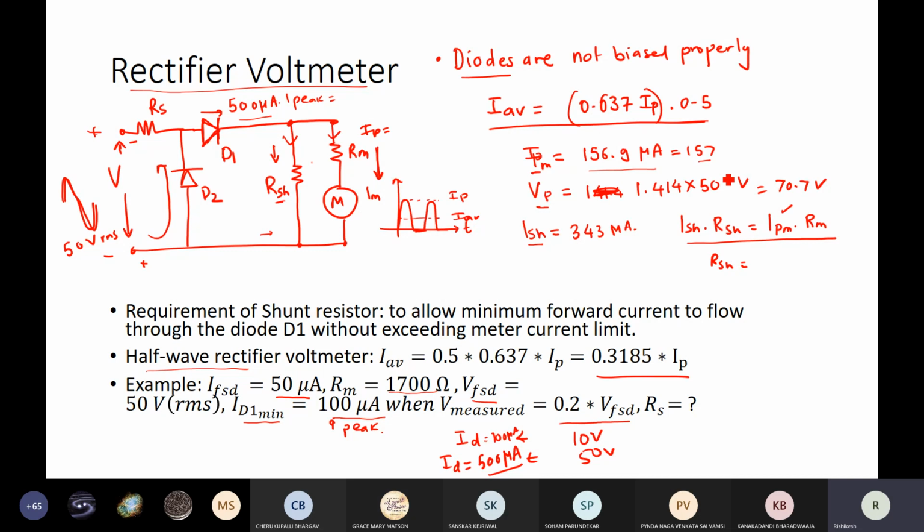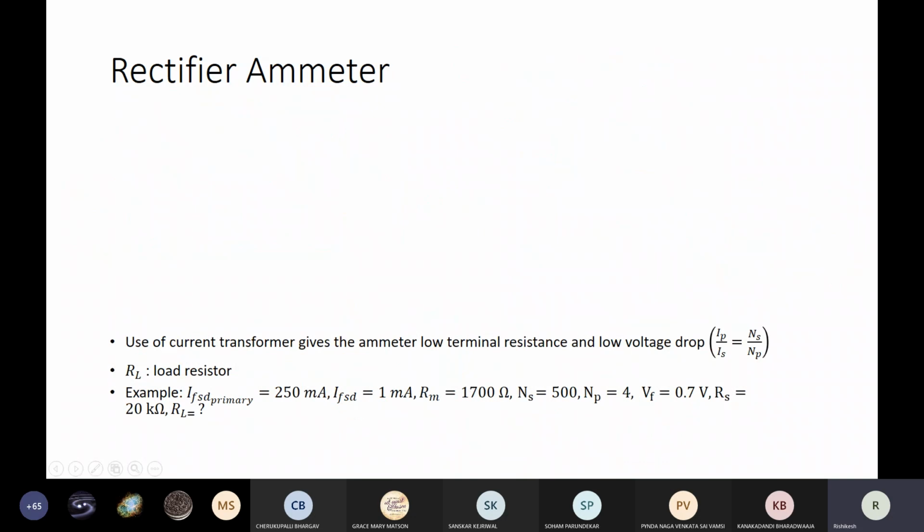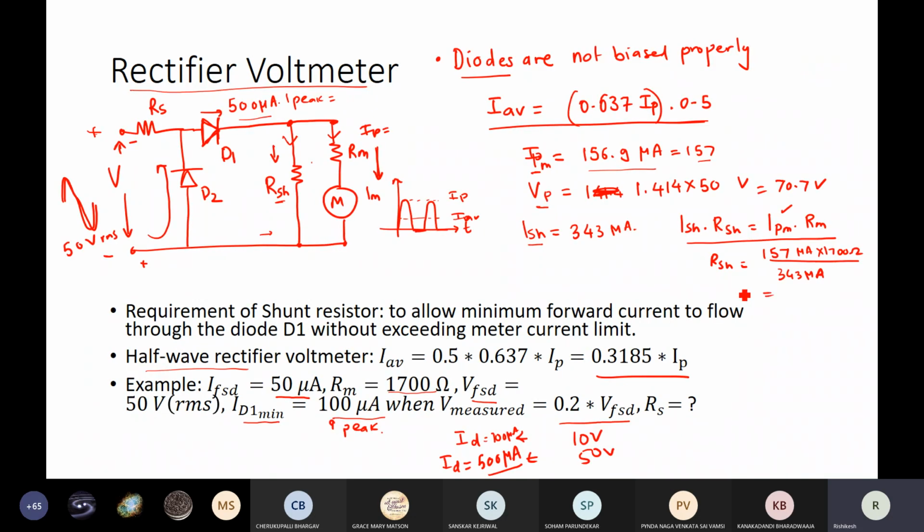I know this value. It is 157. RM is given, that is 1700. ISH is 343 microampere. So what is the value of RSH?